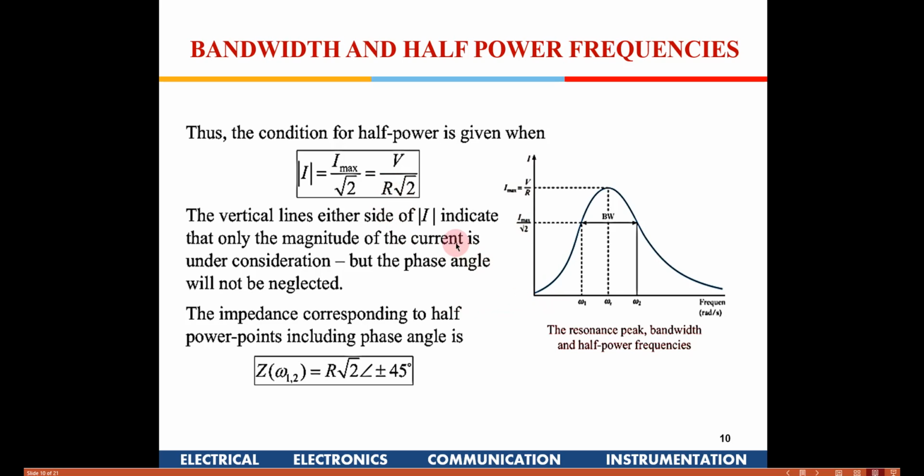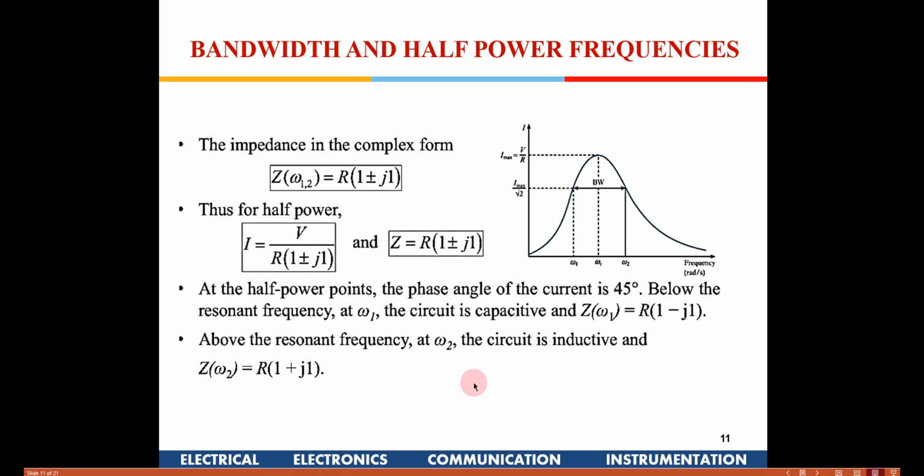Similarly, at omega 2, at a different frequency, L omega minus 1 by C omega will have magnitude R, and this time the phase is going to be positive. So at these two frequencies, the total impedance can be defined as R root 2, and the angle is plus minus 45 degrees, right?